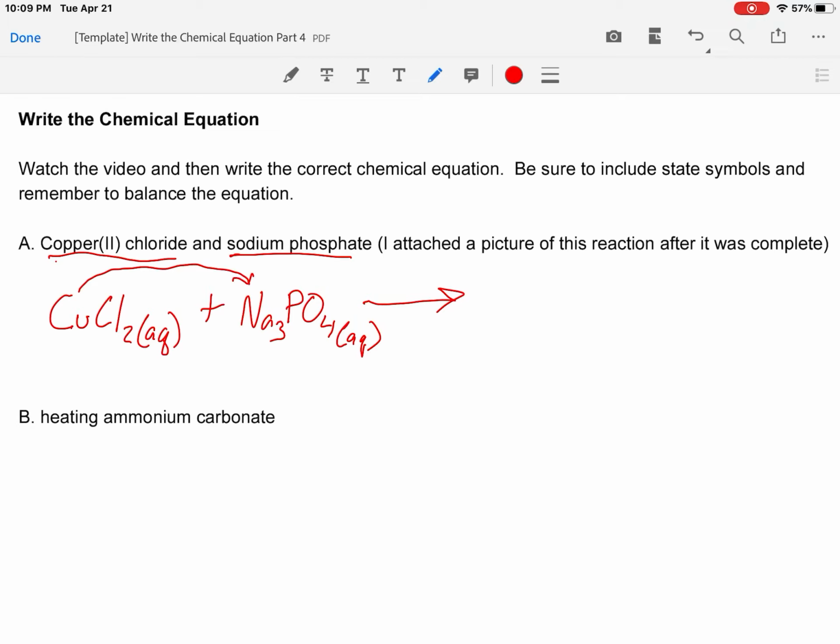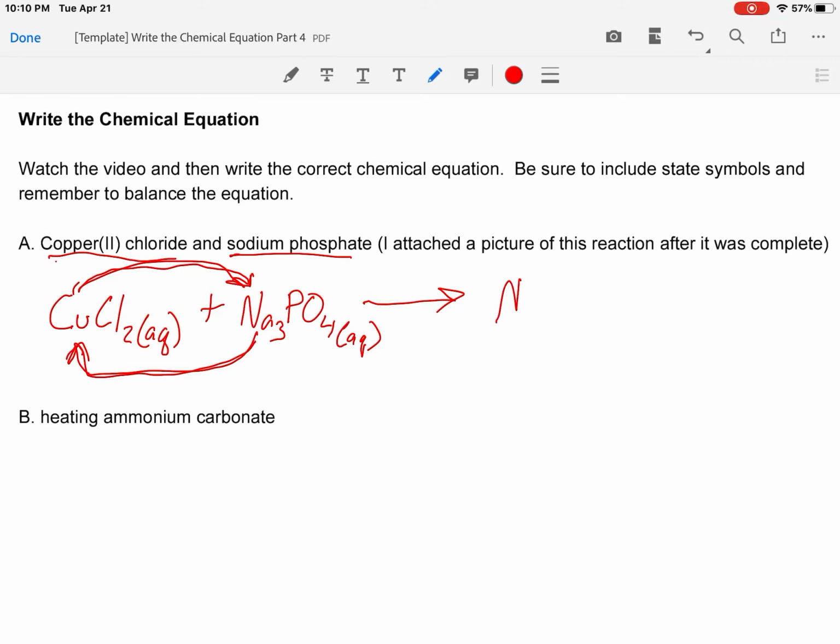In other words, the copper is going to go with the phosphate, and the sodium is going to go with the chloride. And of course, this is going to be a double replacement. The copper is replacing the sodium, but at the same time, the sodium is replacing the copper in this compound over here. So what that means for us, of course, is we've got 2 new partnerships here.